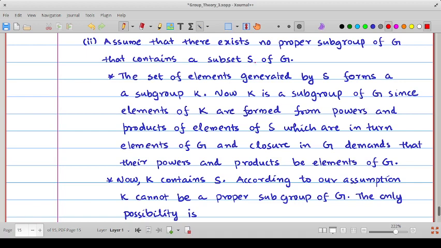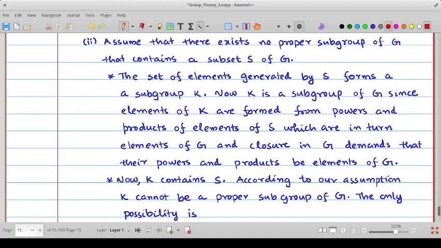Now we consider the set of elements generated by this subset S. We consider the powers of the elements of S and the products among themselves. Obviously, they will form a group because it will form a closed set. So the elements generated by S form a group.